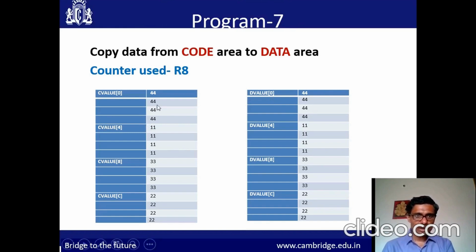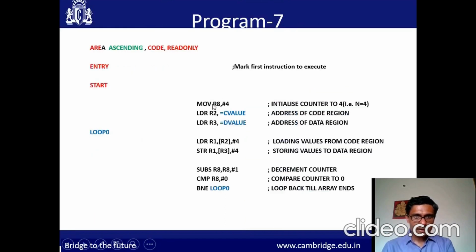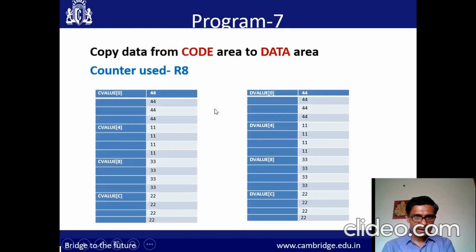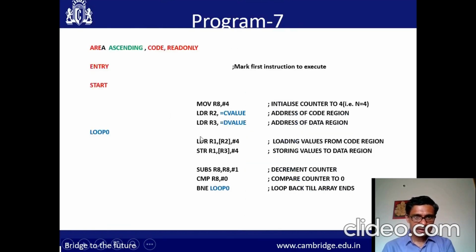So what we will do is first copy this data into the R1 register, and from R1 you copy it to here. That is from here using the LDR instruction. You are copying from the memory location to R1.